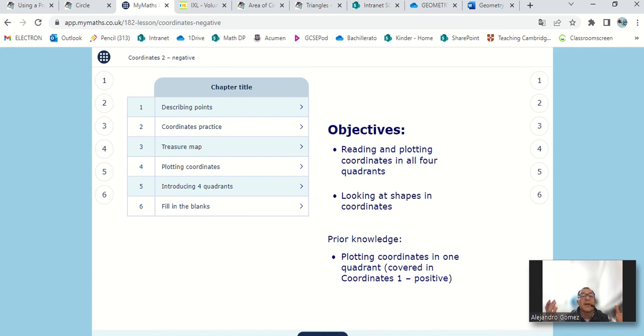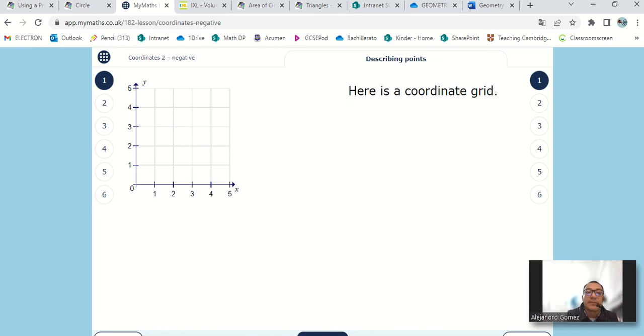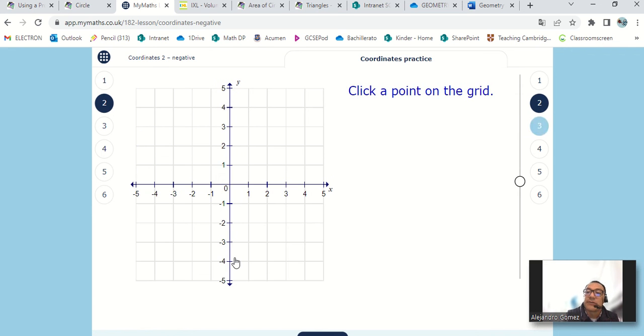And this is in My Math. You have access to it, you have the codes, and besides, I am giving you the link for you to go directly to the point. So, describing points, yeah, and they explain very well.